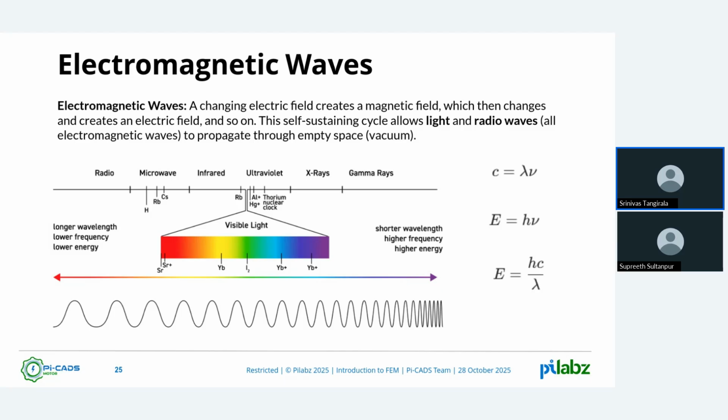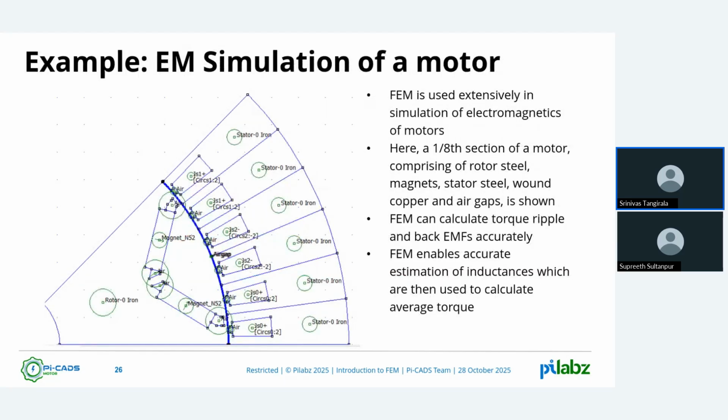Okay, next slide, Supreet. Yeah, now we come to the simulation of a motor. What you see is a geometry representation of the entire motor, the stator and the rotor. Basically, like Oscar was mentioning yesterday, most motors are not made as a solid. They're made out of laminates.